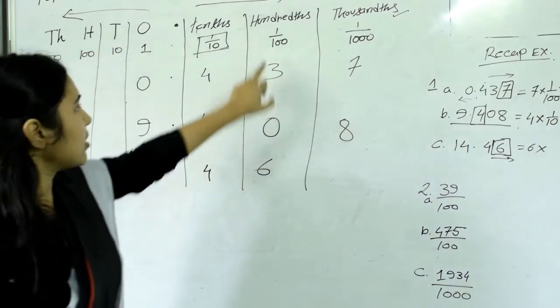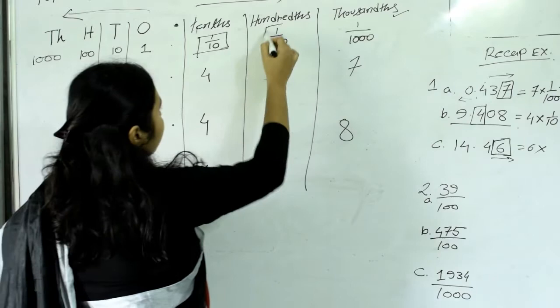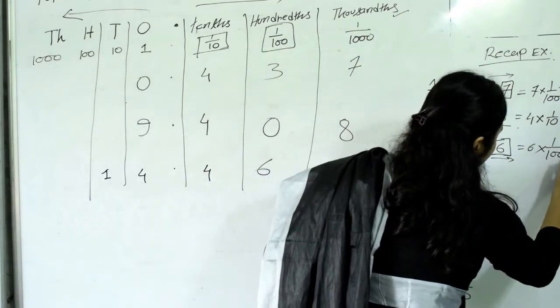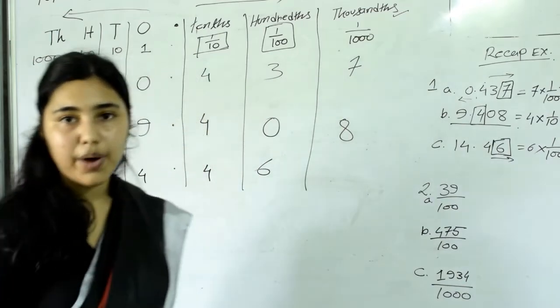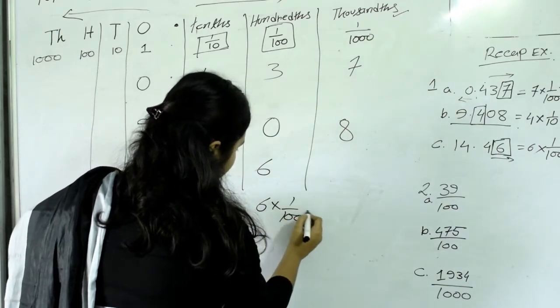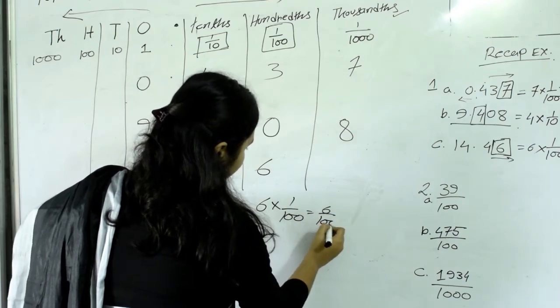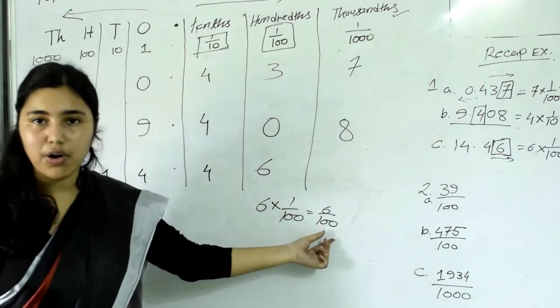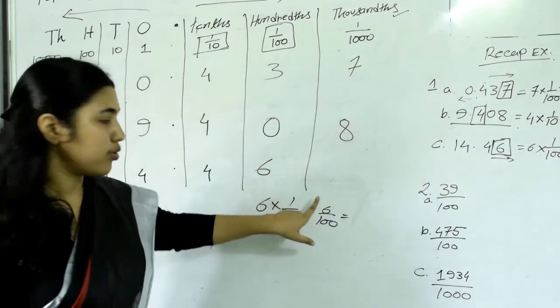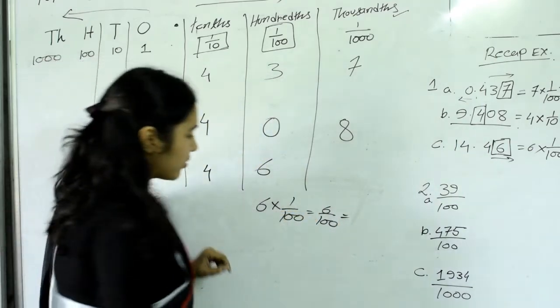So 6 is in the hundreds place. So the place value of 6 is 6 into 1/100, which is equal to 6/100. Again, 1 is followed by 2 zeros, and in the numerator we have only 1 digit, right?